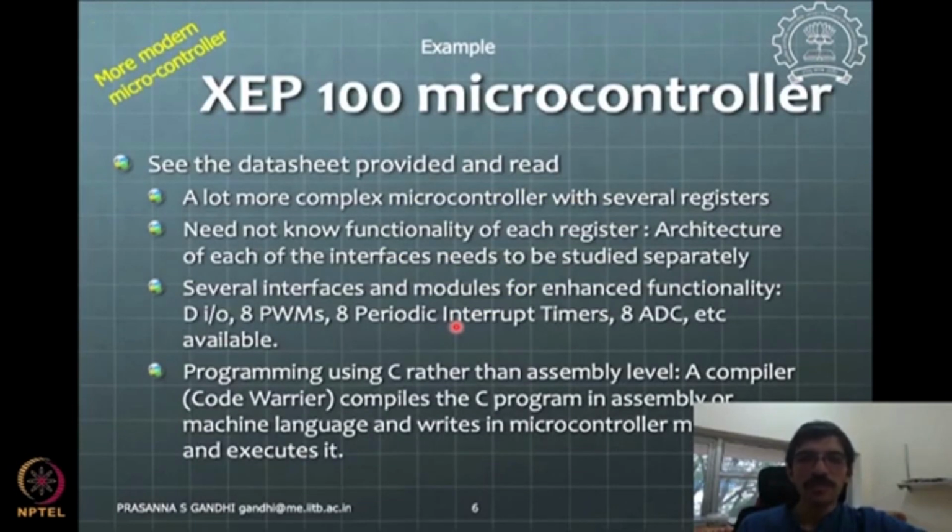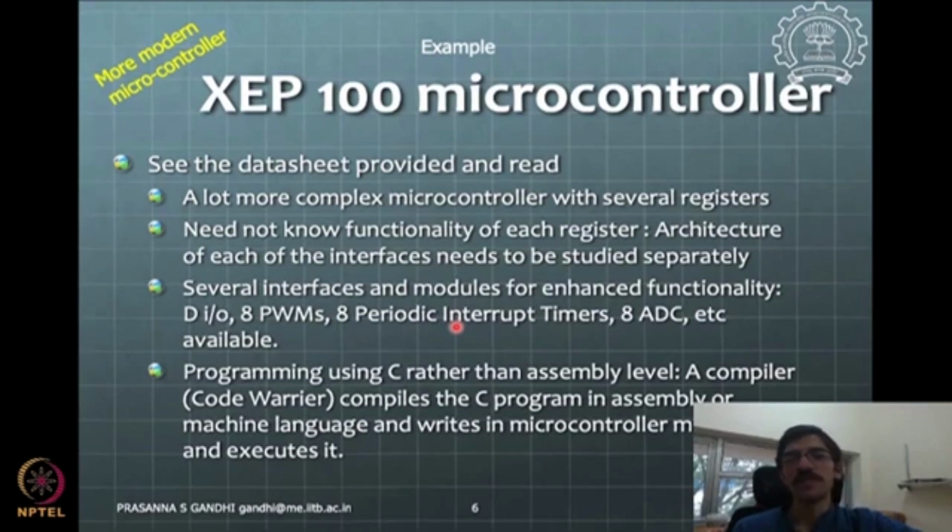Now let's come to a more modern microcontroller. I'll share the data sheet with you. If you see it, it is a lot more complex microcontroller as compared to the 8085. There are many different registers. In fact, for each interface you will have a different architecture block diagram. We as users need not know the functionality of each of the registers.